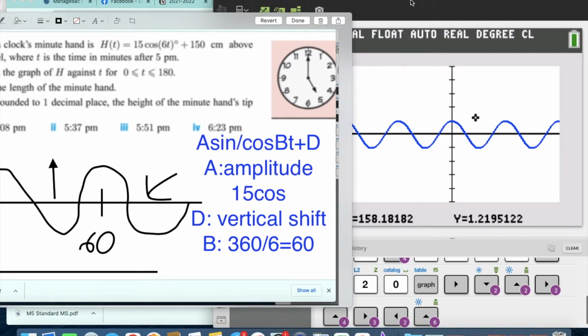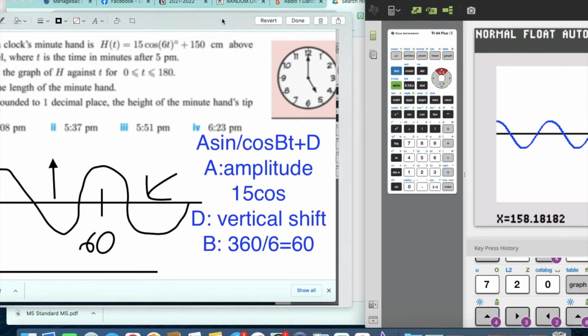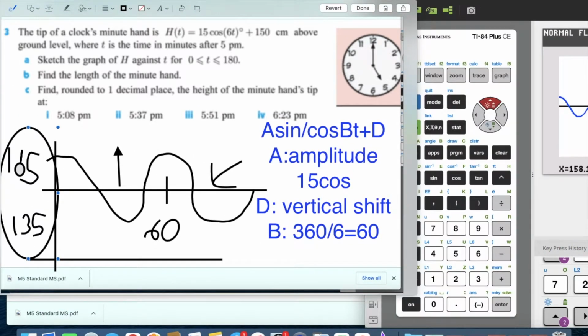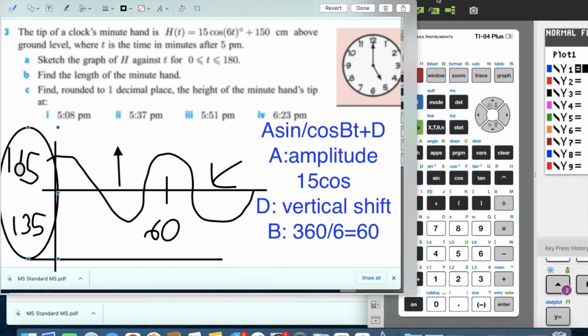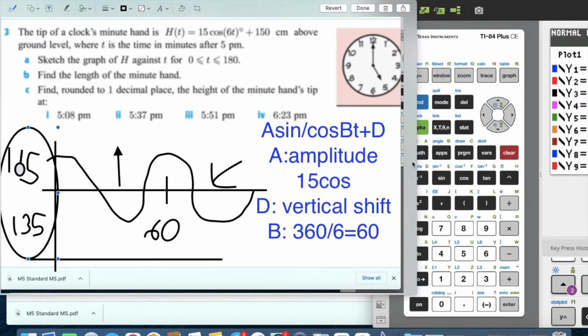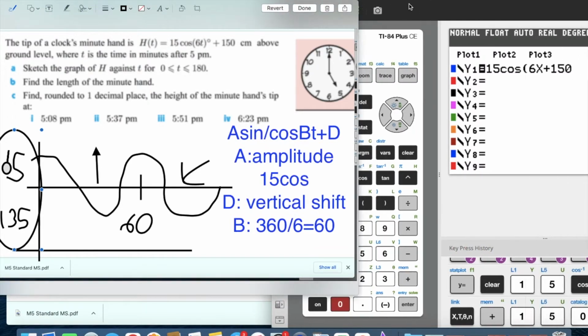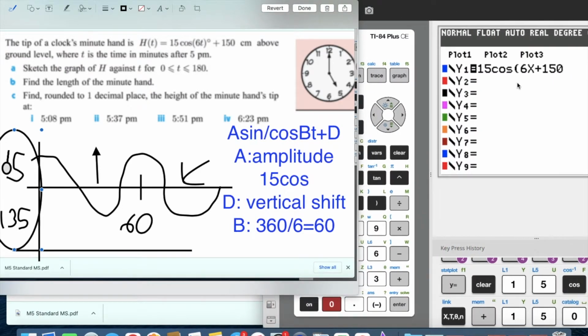Let's do that now. So if we go onto our graph and we are going to type in our function as you'd expect. So on y equals, I'm going to type the following. 15 cos 6x, obviously we've got to press the X button, not the T button, but it's thought of as the same thing, plus 150.